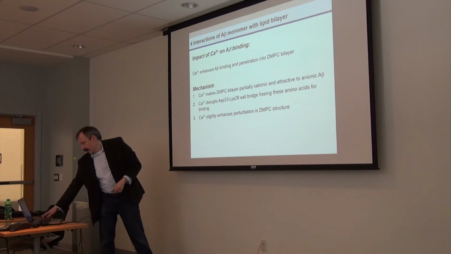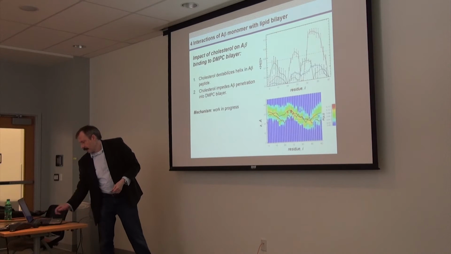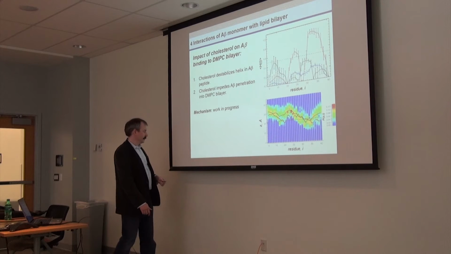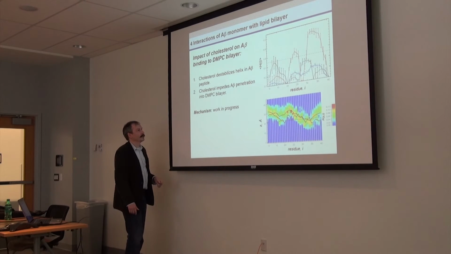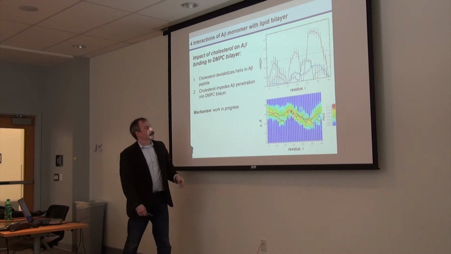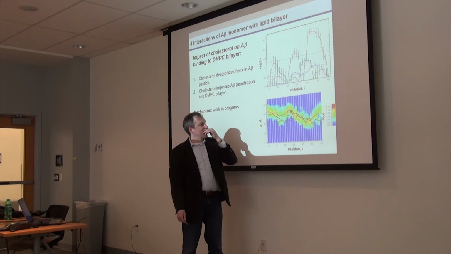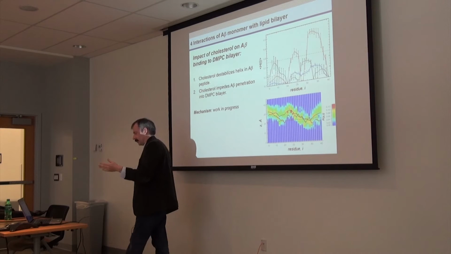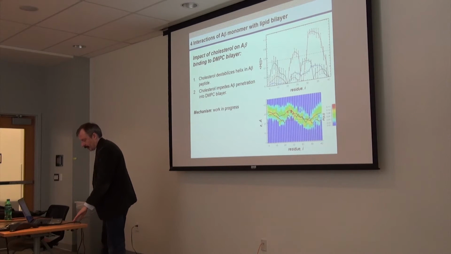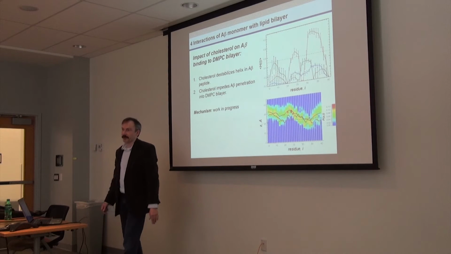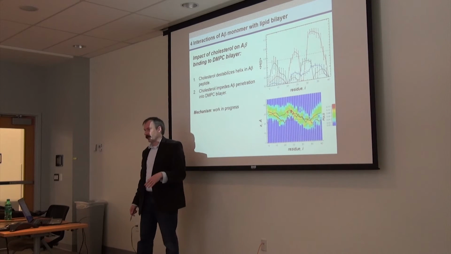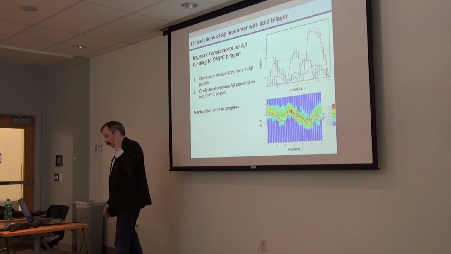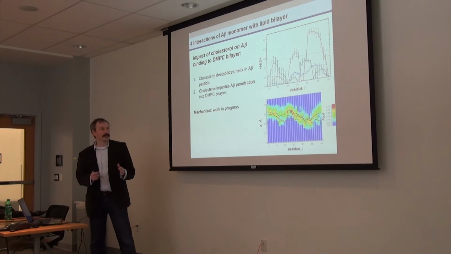Okay, then cholesterol, but this is a half-baked product. So this is unpublished data. The impact of cholesterol on the binding of A-beta peptides to the lipid bilayers is, again, as always, extremely controversial. If you look through the literature, there are opposite points of view.